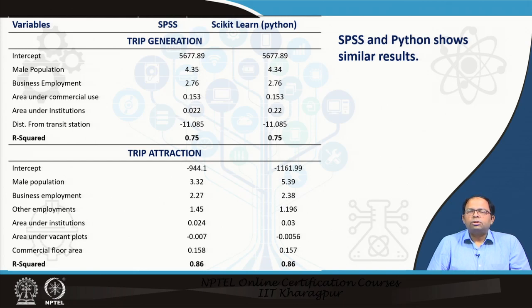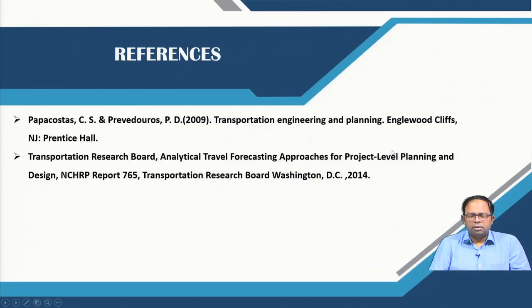But if you use Python, then obviously you do not need to buy the software, which is relatively expensive compared to other software available in the market. And this is how we can do multiple linear regression.